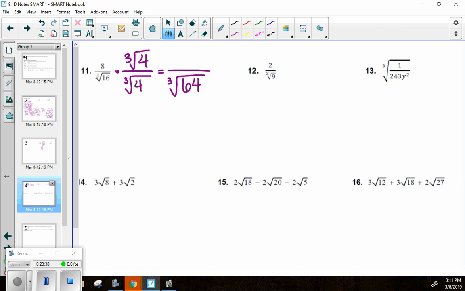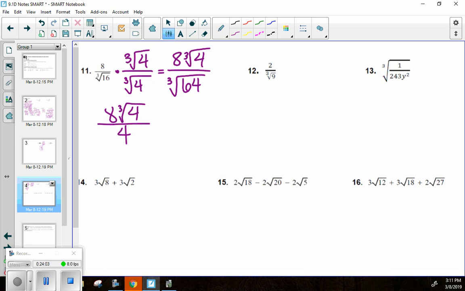So that'll give us 8 times the cube root of 4 up there. But on the bottom, most importantly, I have a perfect cube, and I can evaluate that. What's the cube root of 64? 4. So now I have 8 times the cube root of 4 over, and that's now just a whole number 4. And my goal, successful.